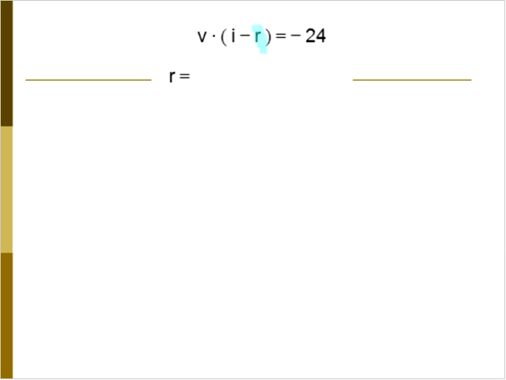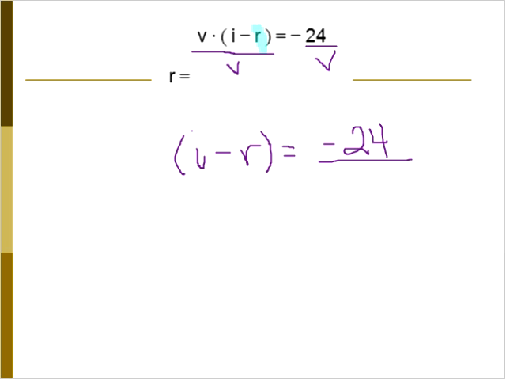So I want to use the inverse of multiplication. And I know that the inverse of multiplication is division. So I'm going to go ahead and start and divide both sides by v. So that will leave me I minus r equals negative 24 divided by v.